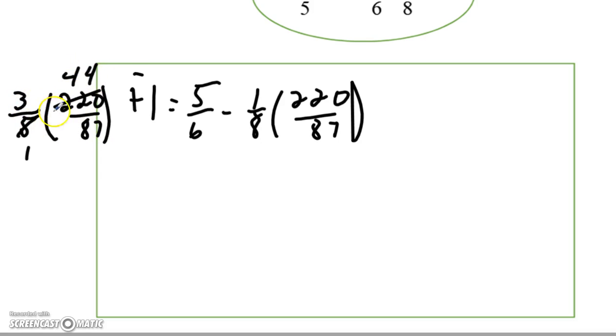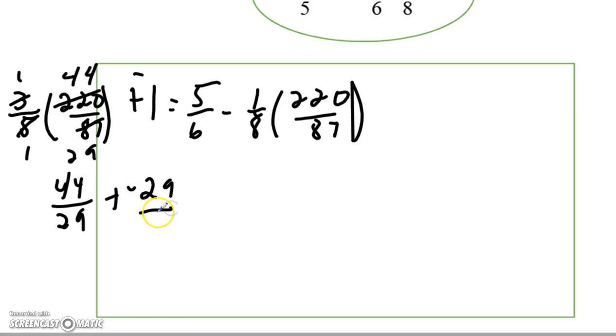We multiply 3 times 29 to get 87. So I know that 87 divided by 3 is 29. So I have 44 over 29 plus a negative, and I want to write the 1 so it has a denominator of 29. So I'm going to write down negative 29 over 29 equals.